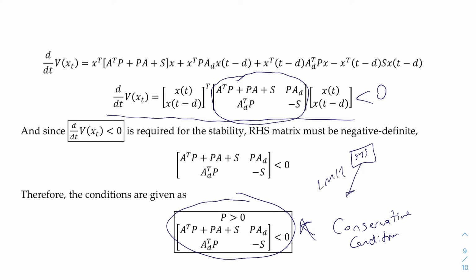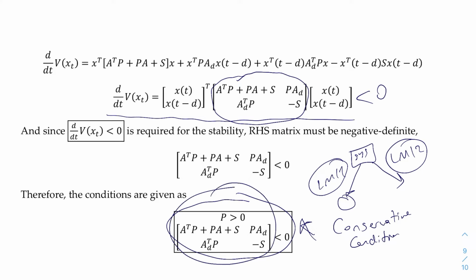let us say we use LMI 1, this is the LMI 1 technique, and LMI can tell us we are not able to find a P and S, and you can think, hey, maybe that is not stable. However, now we are going to see LMI 2, delay dependent; this was delay independent.